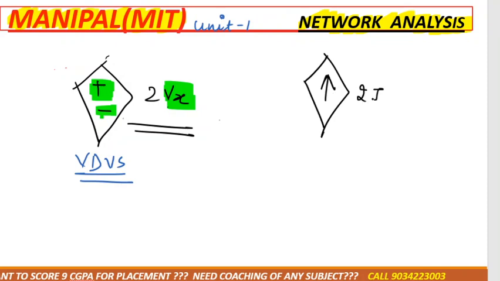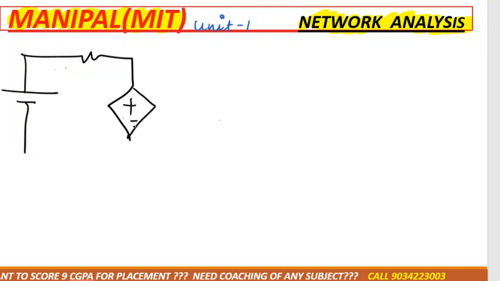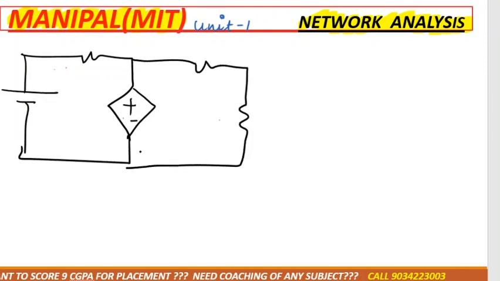Now next thing, can you tell me which source it is? Now based on this, if that is a voltage source, it will behave like a voltage source only. If it's a current source, it will behave like a current source.